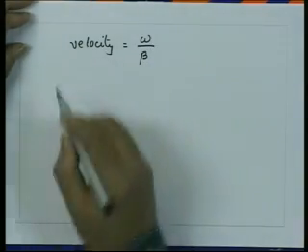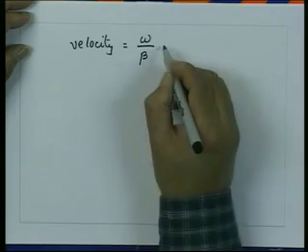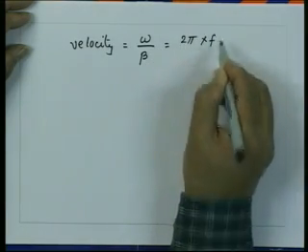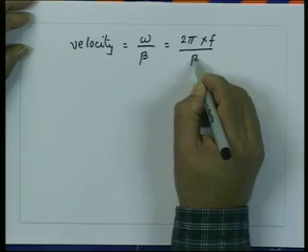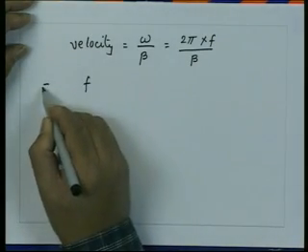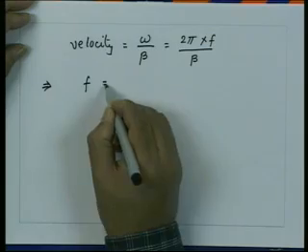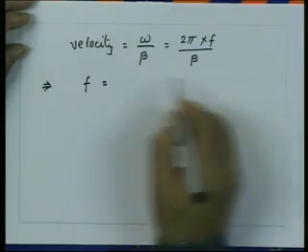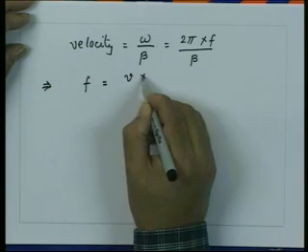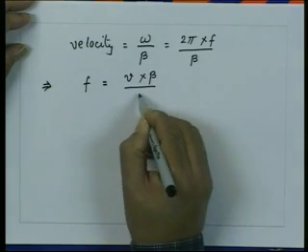Since we want to find the frequency, which is 2 pi into frequency f divided by beta, the frequency will be equal to velocity v into beta divided by 2 pi.